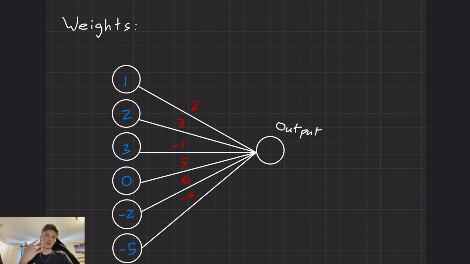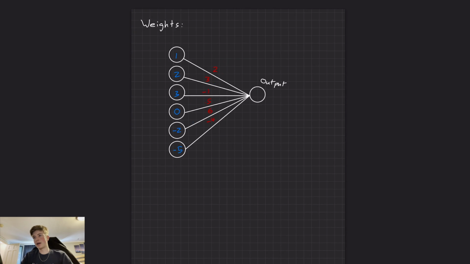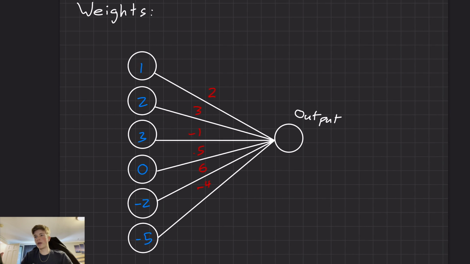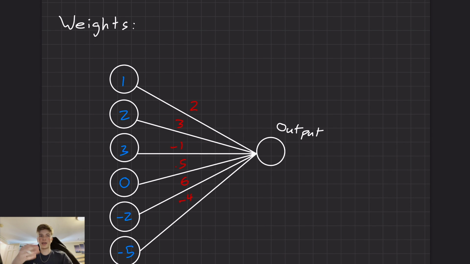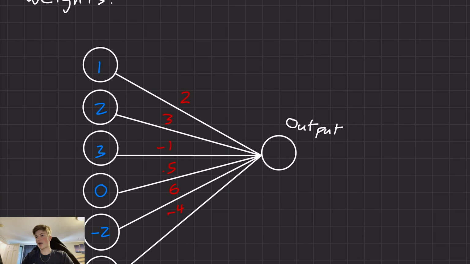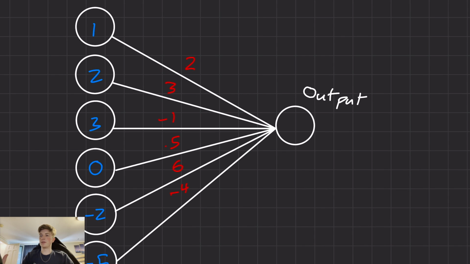Because a lot of times we like to talk about neural networks learning. We'd like to talk about what a neural network is actually sort of doing to the data. And weights and activations are really at the heart of this because they determine the relationships between the inputs and the outputs. And they do a lot of things to do this. We're going to first talk about weights, and then we're going to talk about activations.